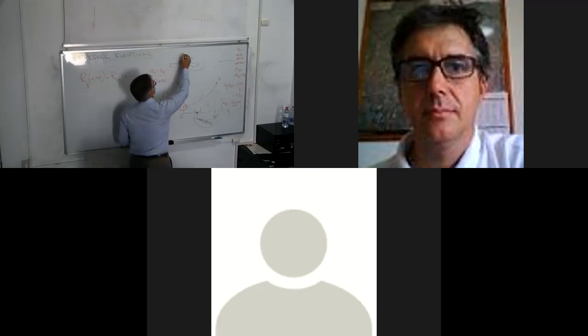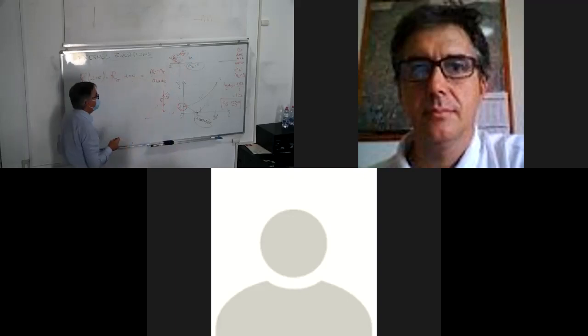It is the plane including both n and k, so this is the plane of the whiteboard. When k and n are along the same direction, the incidence plane is no longer defined. That means that for you, the P and S polarizations are the same. There is a degeneracy. There is no meaning in speaking about P and S polarization at normal incidence. And these two values are like that.